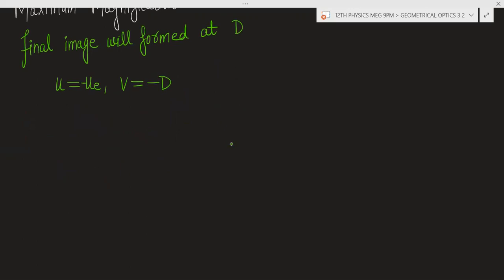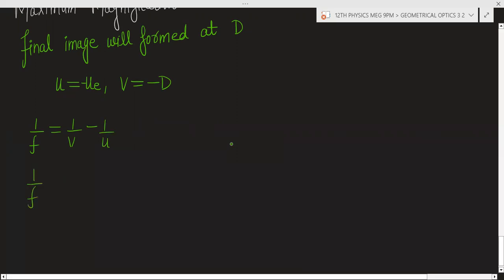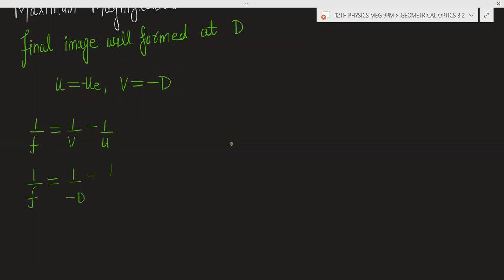Now there is one formula: 1 upon f is equal to 1 upon v minus 1 upon u, where f is the focal length of the lens. So 1 upon f is equal to 1 upon v, with v equal to minus D, minus 1 upon minus UE.